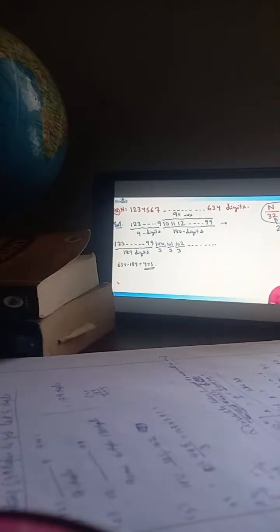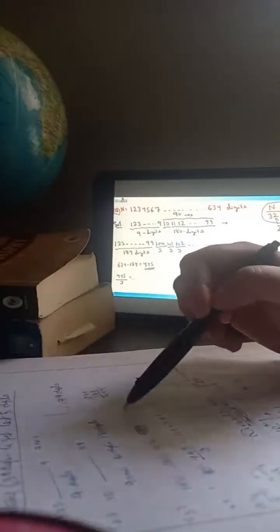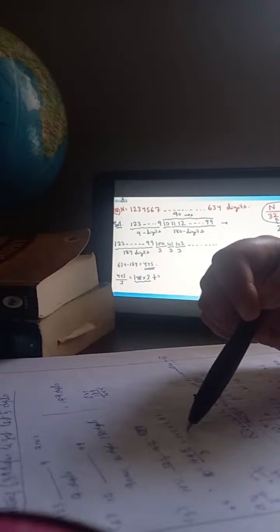You can calculate 445 by 3. How many times does it go? So it's like 148 into 3 is 444. Can you understand this? 148 into 3 is 444 plus 1.